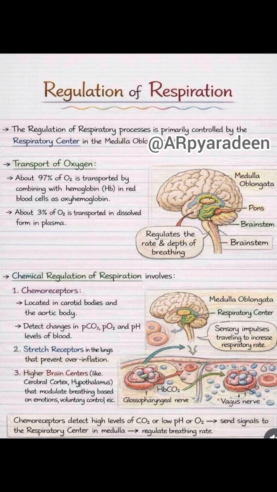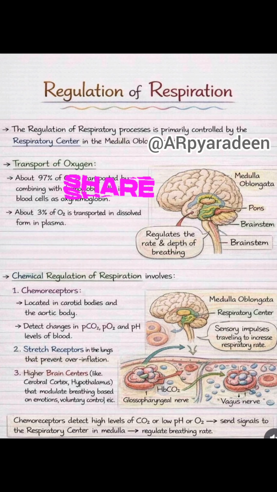Another center is also present in the pons region of the brain called pneumotaxic center and can moderate the functions of the respiratory rhythm center. Neural signal from this center can reduce the duration of inspiration and thereby alter the respiratory rate.